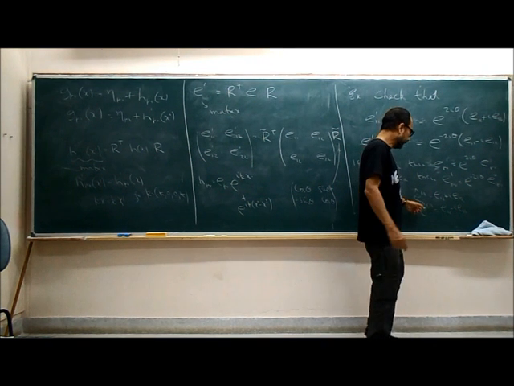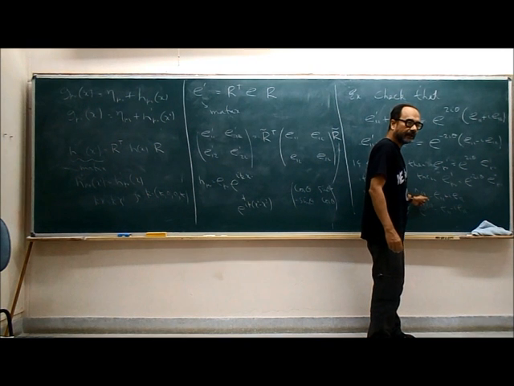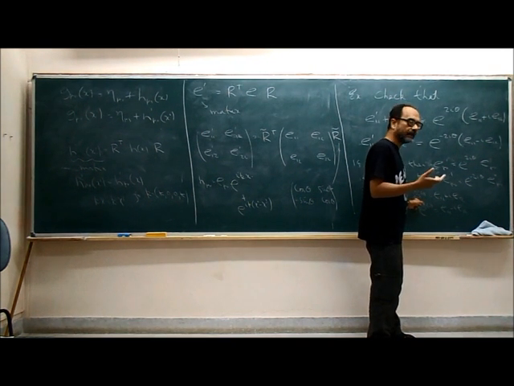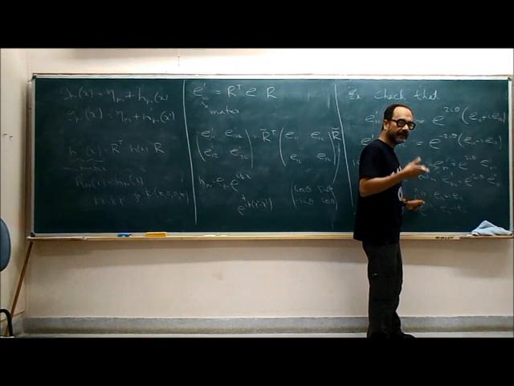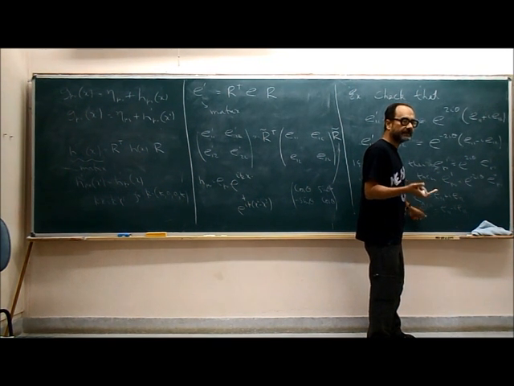Now if E hat 2 is 0, then you are basically choosing a polarization tensor along the E hat 1 direction. That picks up a phase of e to the 2i theta under rotation. And if this is 0, then this is the vector you are choosing, and that picks up a phase in the opposite direction.